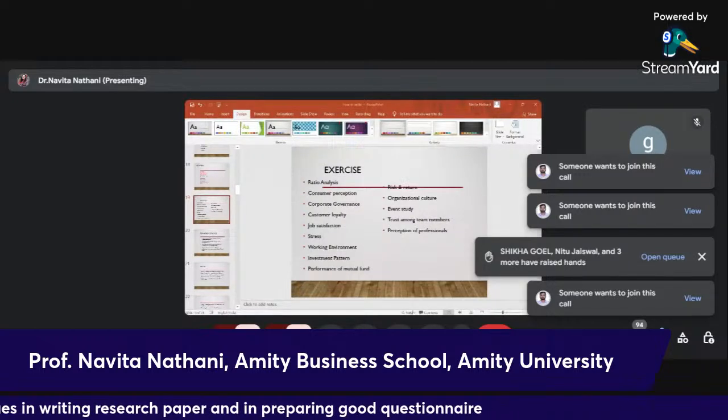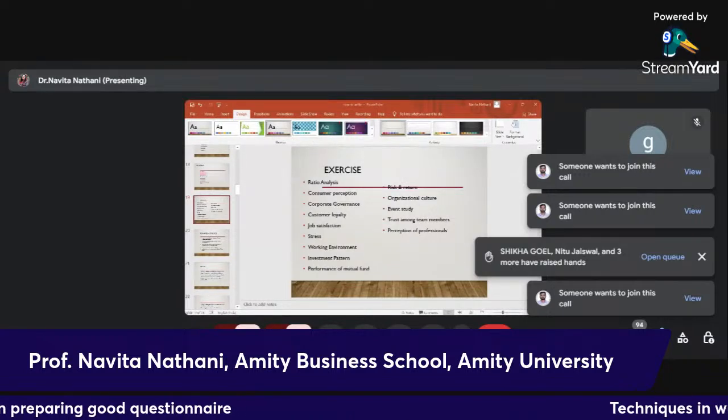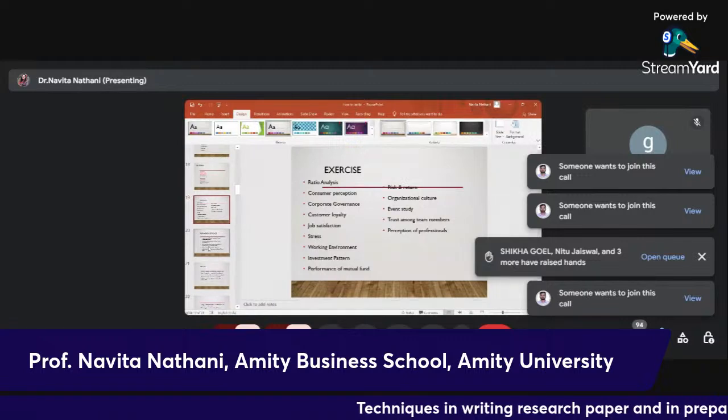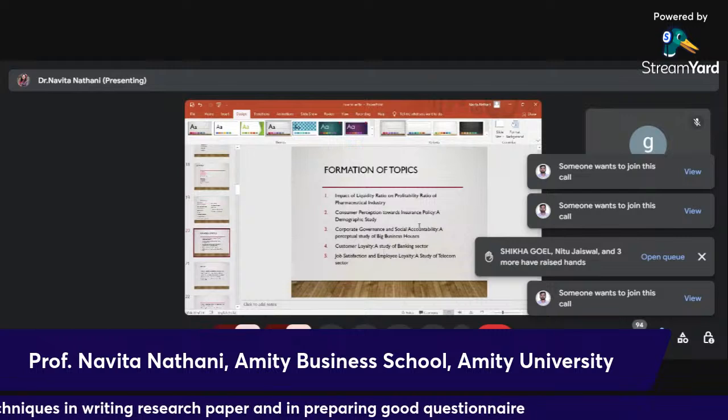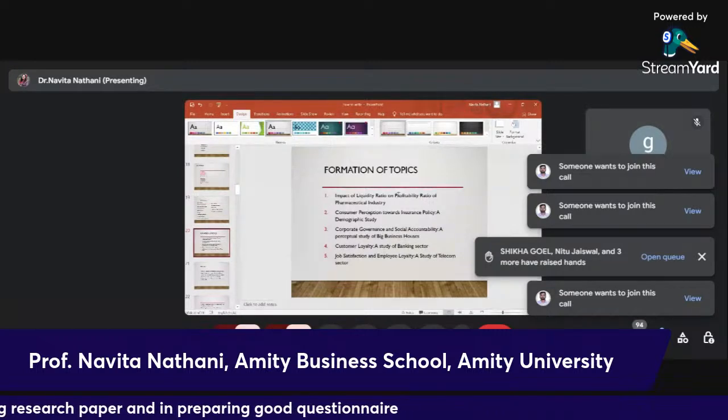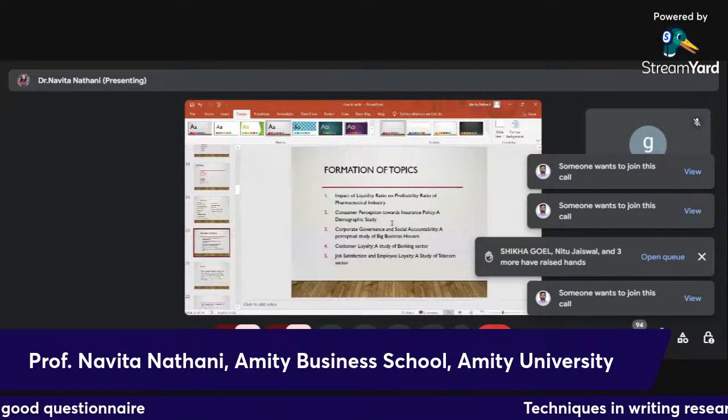Your topic should be clear, concise, and so clear that you can understand what the research problems would be. So there are certain topics like impact of liquidity on profitability, then consumer perception towards insurance, corporate governance.